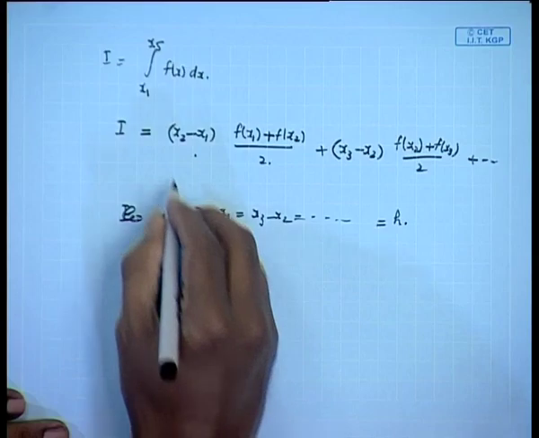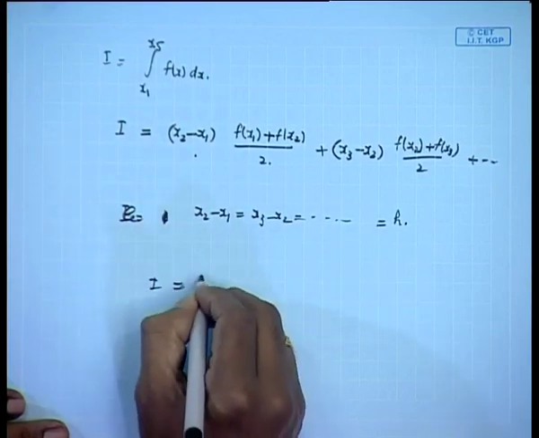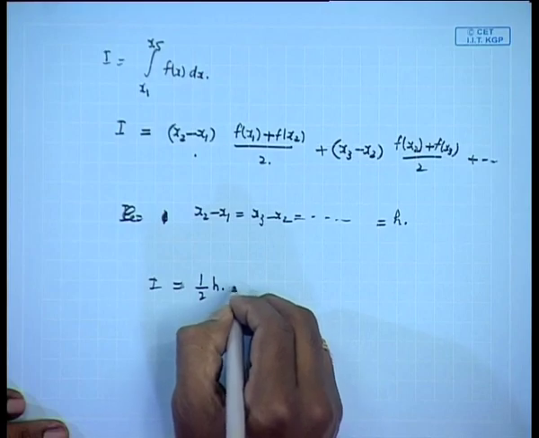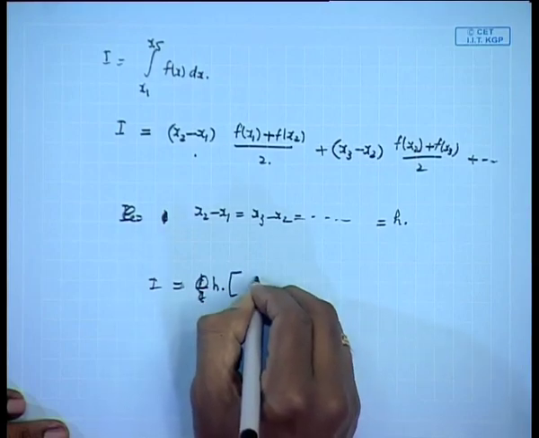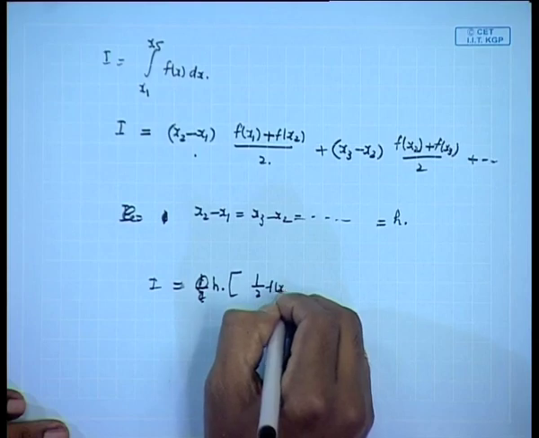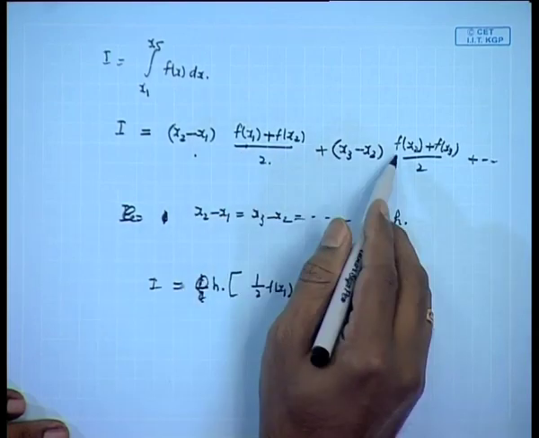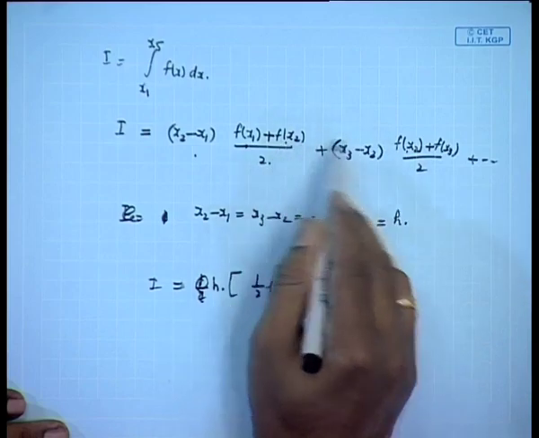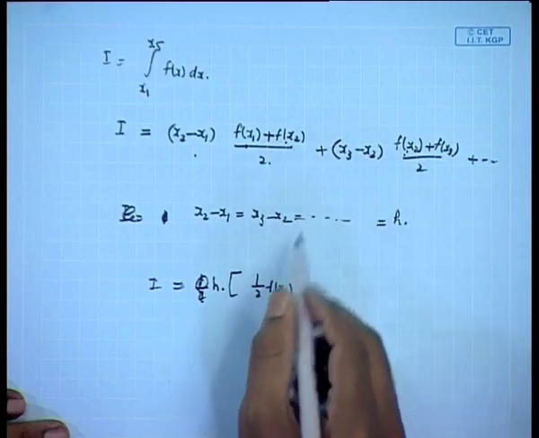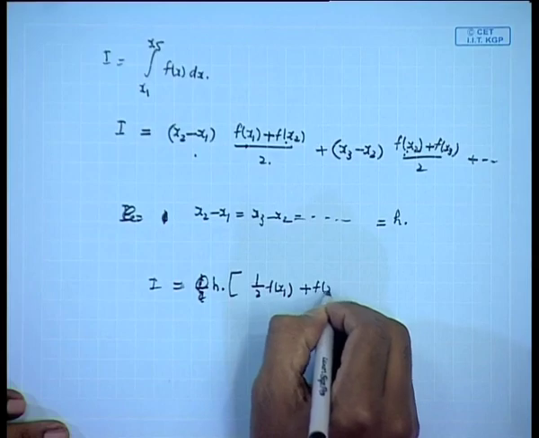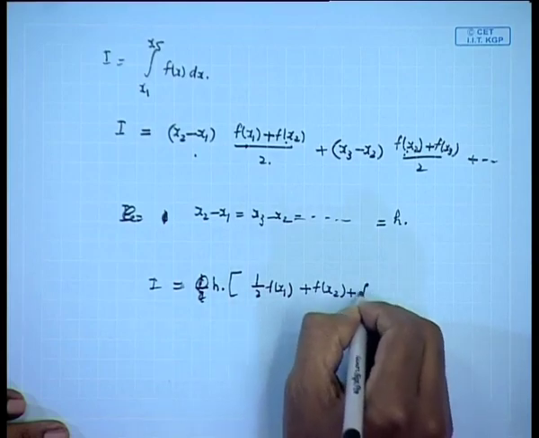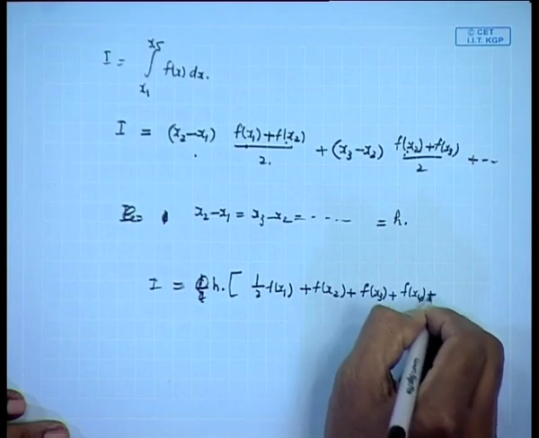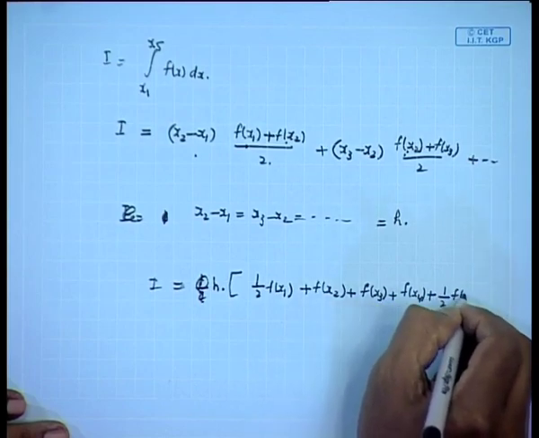Therefore, we get this whole expression: I is equal to h into half f of x1, plus f of x2, since there is a half f of x2 here and another half f of x2 there, giving one full f of x2, plus f of x3 plus f of x4 plus half f of x5.